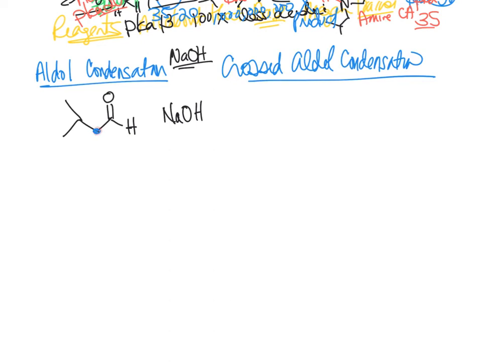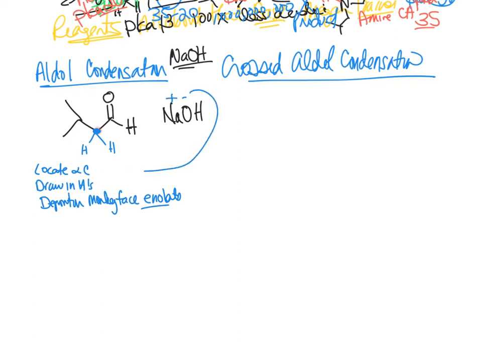So here we have our alpha, and then we want to draw in our hydrogens. You locate the alpha carbon, draw in hydrogens, and then deprotonate to make your monkey face. We're going to make our enolate, because you have to know this mechanism.